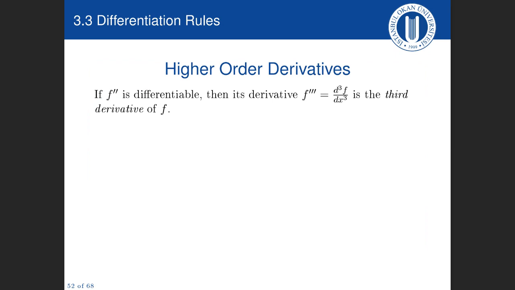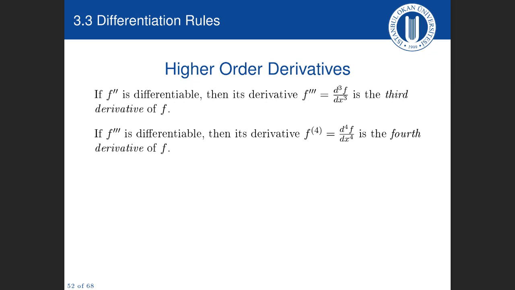But if f double prime is also a differentiable function, then we could differentiate it to get another new function. Its derivative, f triple prime, is the third derivative of f. If f triple prime is differentiable, then its derivative is the fourth derivative of f.